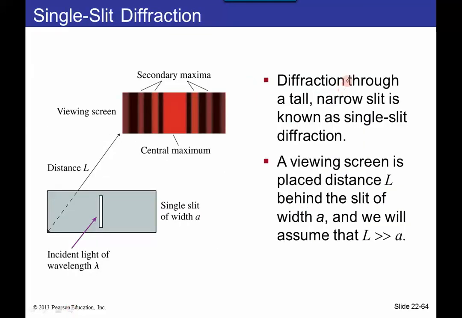Another important one is the single slit diffraction. Using this, you can get a condition for when to switch from wave optics to ray optics.